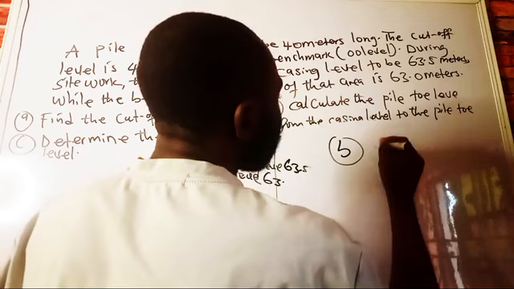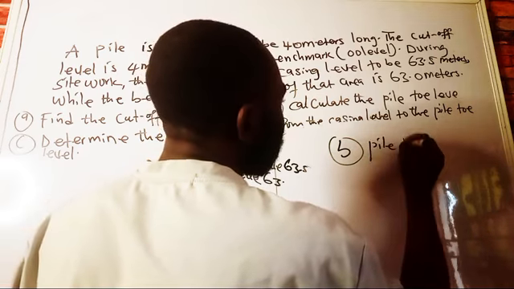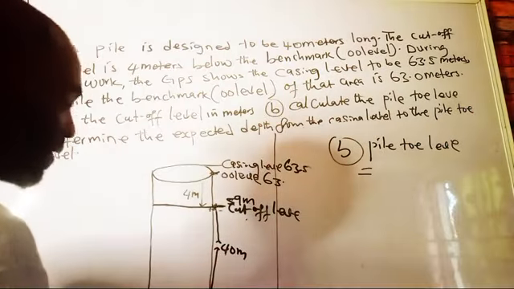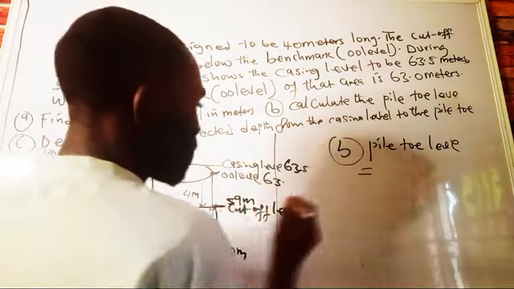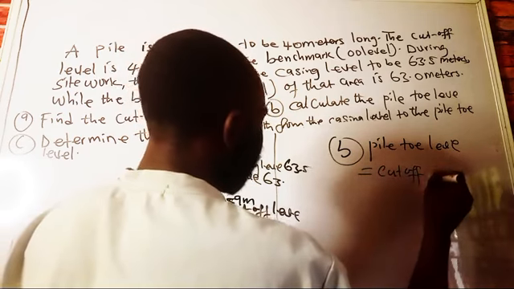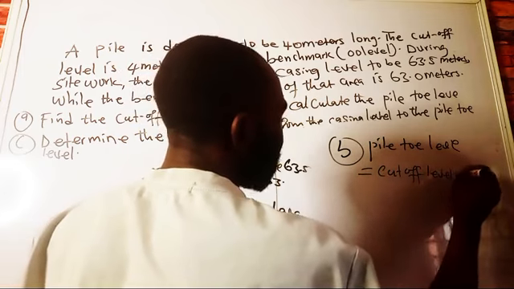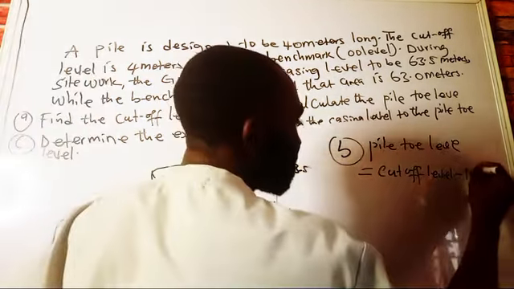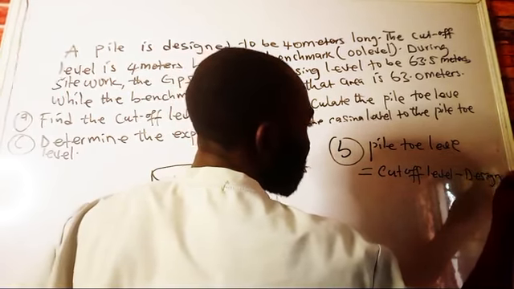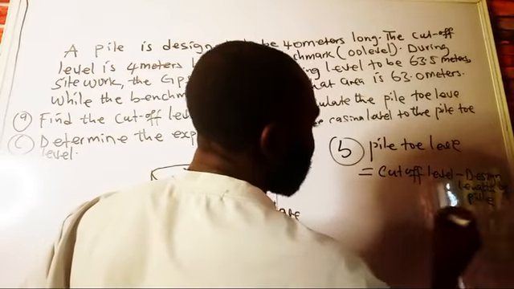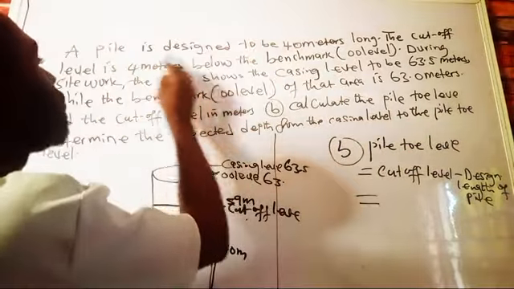To calculate it, the pile toe level is equal to the cutoff level minus the design length of the pile, which was given to be 40 meters.